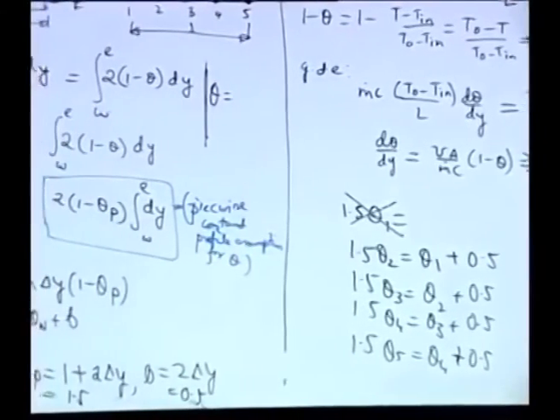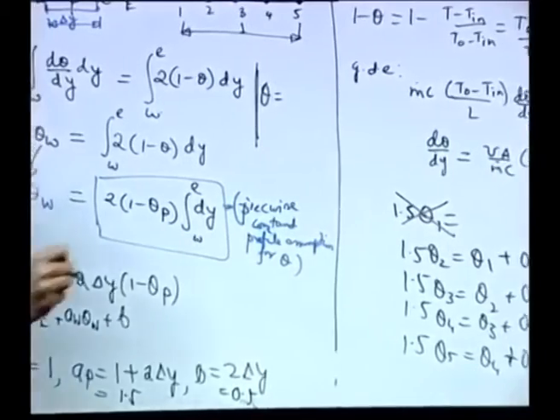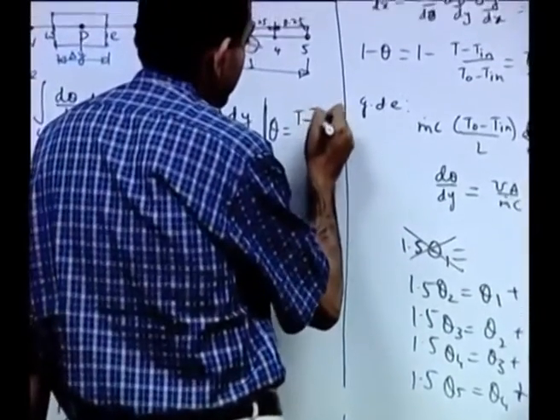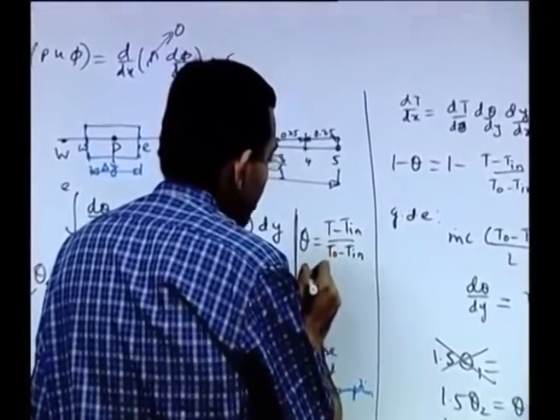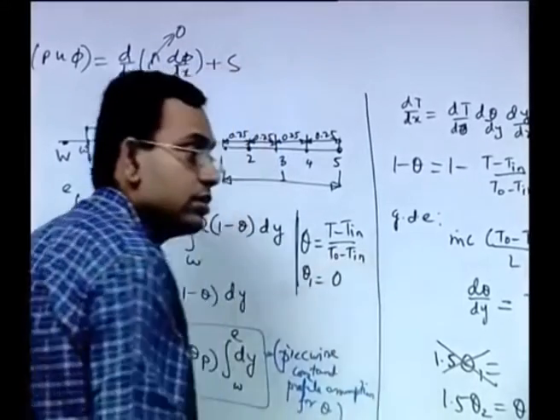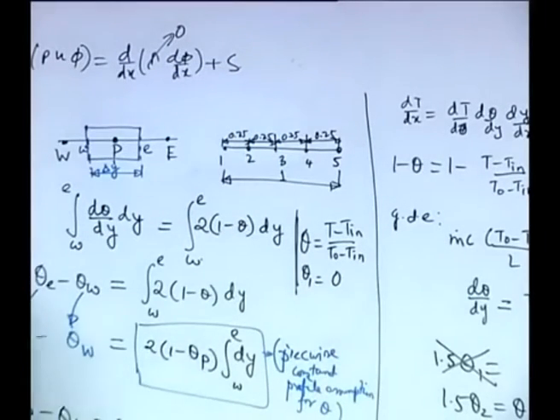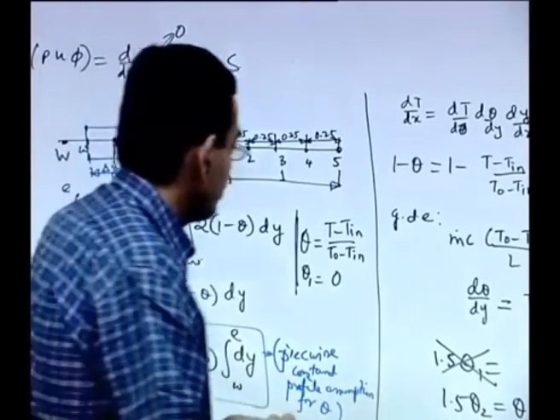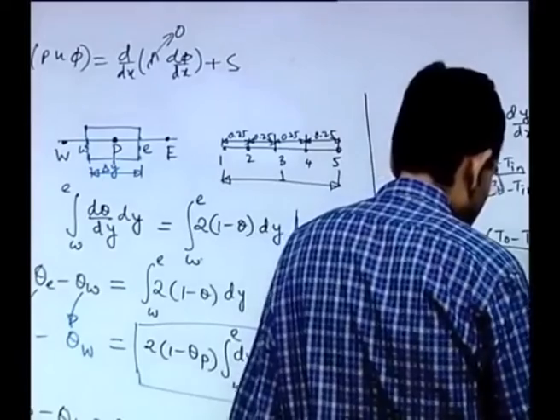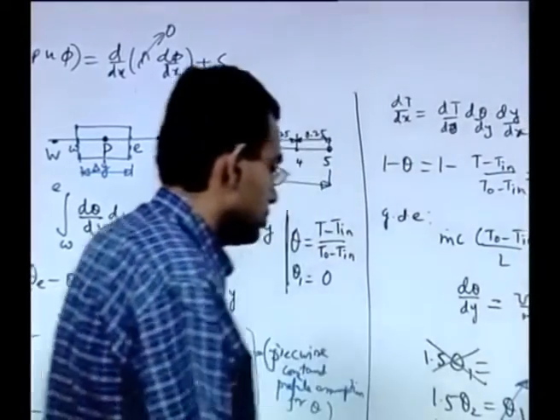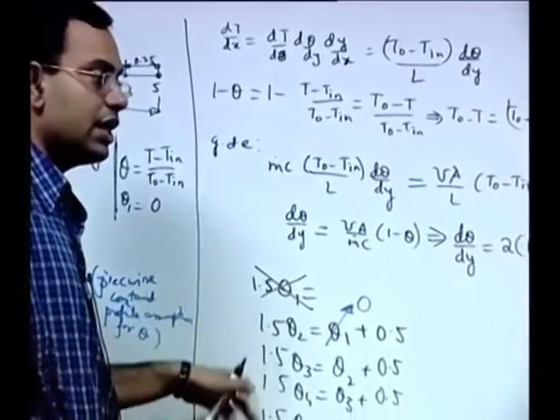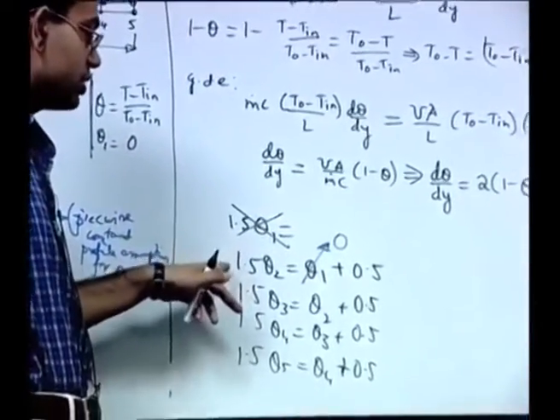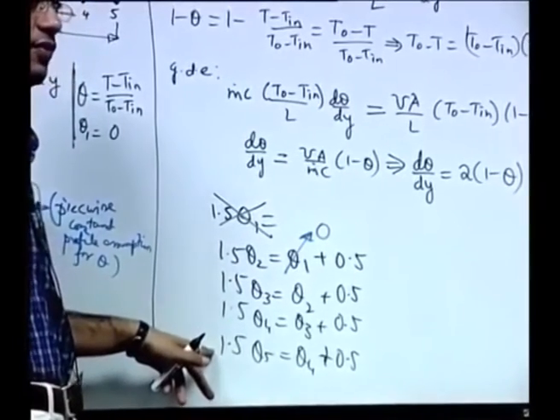What is the definition of theta? T minus T in by T0 minus T in. So, theta 1 is 0 because T is equal to T in. So, then you have a system of 4 independent algebraic equations with 4 unknowns: theta 2, theta 3, theta 4 and theta 5.